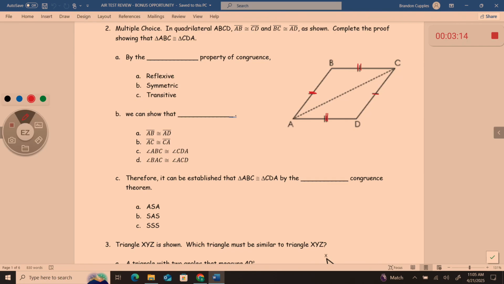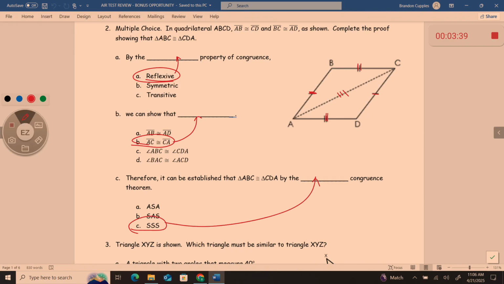So by the blank property of congruence, we can show that, well, what isn't proven congruent up here? It's that AC is congruent to AC. What property is that? That's the reflexive property. Remember, A equals A. It's the one that all of you enjoy doing because it's really simple and straightforward. That would then prove the triangles are congruent by side, side, side.